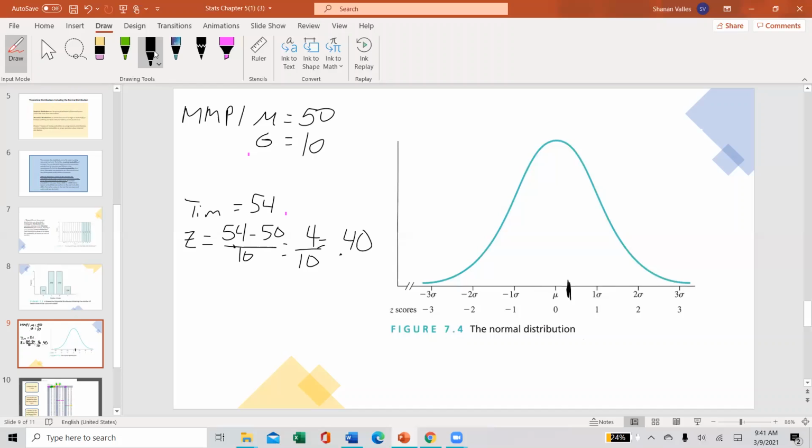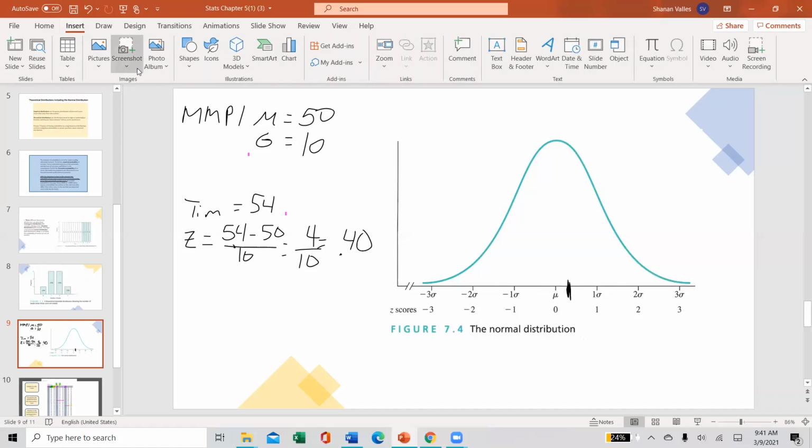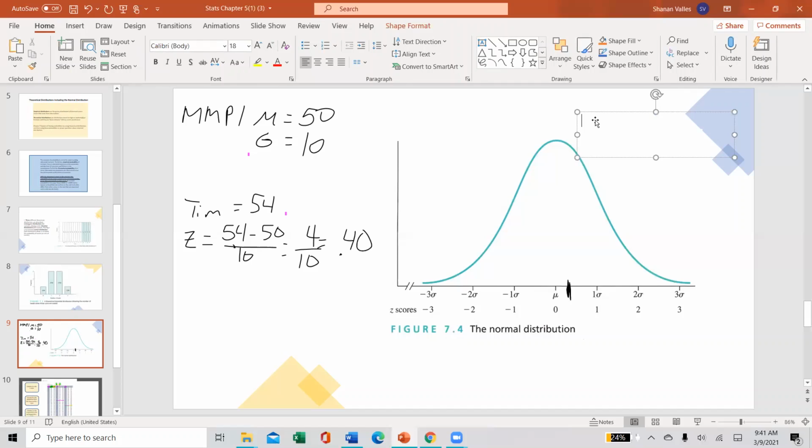Now to find the percentile, we have to do a couple things. One, we need to know what in the world does percentile mean, right? So I'm going to type it over here so I don't have to write it. Percentile ranking, percentile, same thing, okay?